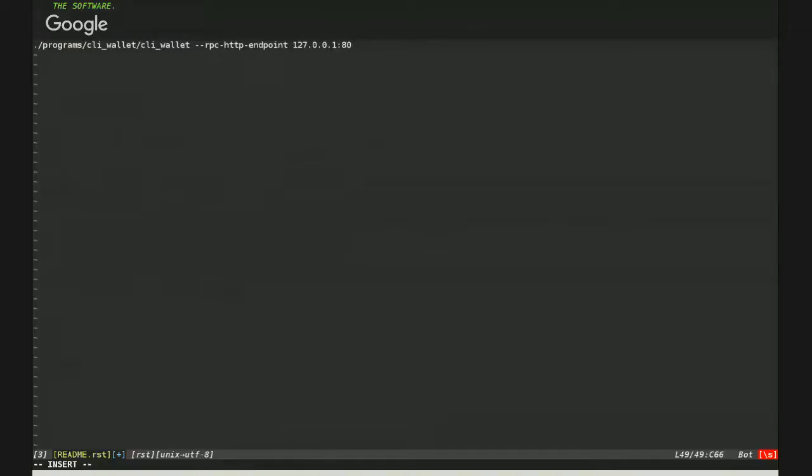I usually take 1892 for CLI wallets, as we can see later in the config. And once you have opened the CLI wallet, just unlock your wallet, provide the passphrase you have used, so that the wallet can actually sign any transaction for you with the private keys that you have in the CLI wallet.